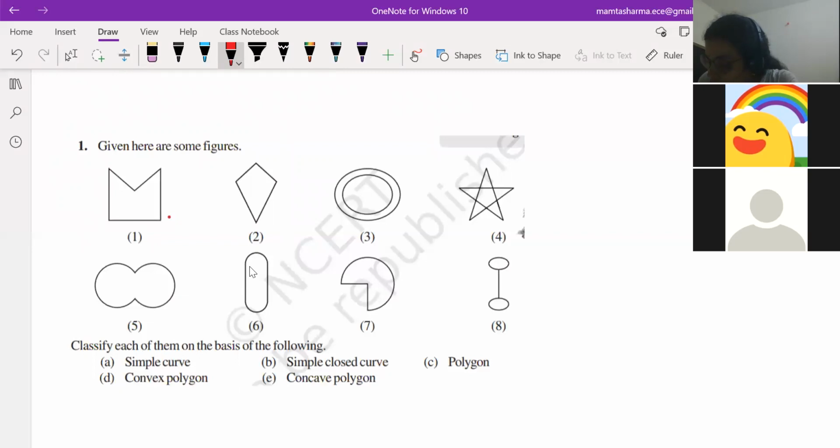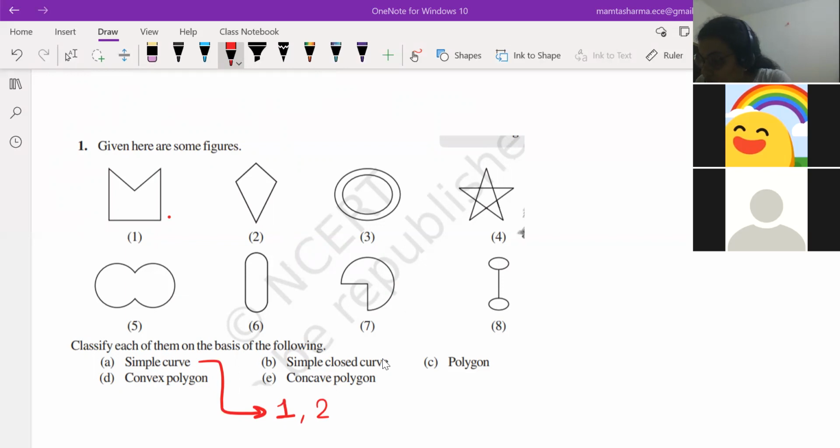If we do it one by one, the simple curves: they all are curves, we know. Is the first one a simple curve or not? The first one is simple, having only four sides. The second one is also simple. Is the third one simple or complex? No, it is complex. We cannot draw it without lifting the pen.